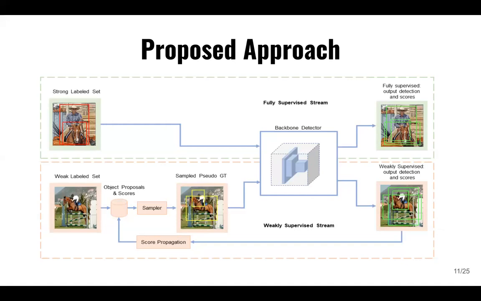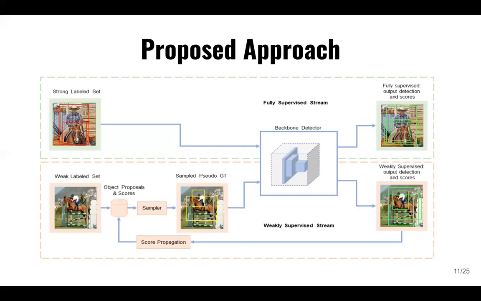Now, the second component is this score propagation. What it does is use the detection scores from the detector to update the scores of these object proposals which we have in the memory. So these two processes go on at every iteration. And what we observe is that over time, the scores accumulated for these object proposals become really representative of the semantics of that region.